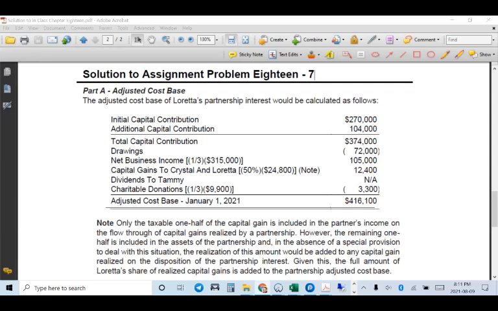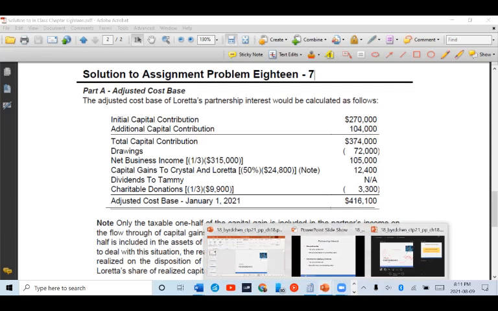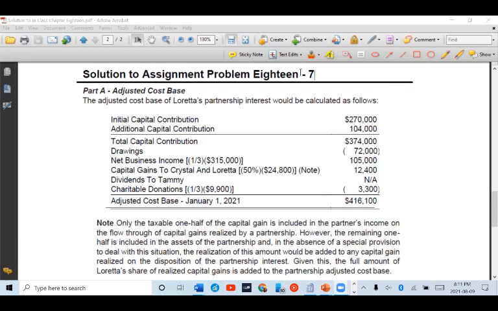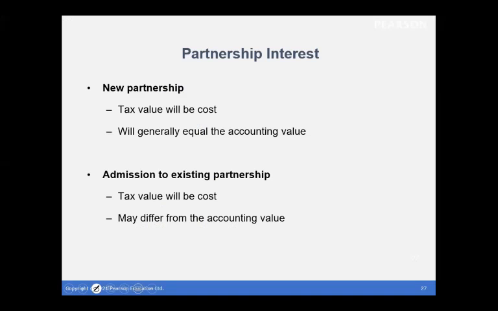Actually, I forgot. What I want to do first is quickly go back to the PowerPoint slideshow. So the next thing in the slideshow here is this concept of partnership interest.